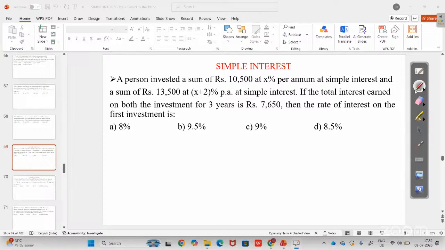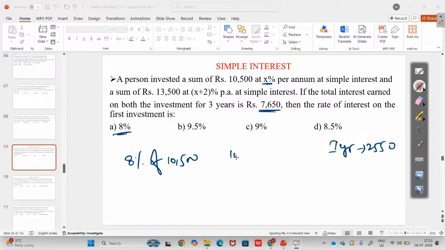If I take by using options, 8 percentage, 8% of 10,500, and 3 years will be equal to 7650, where 1 year equal to 2,550.